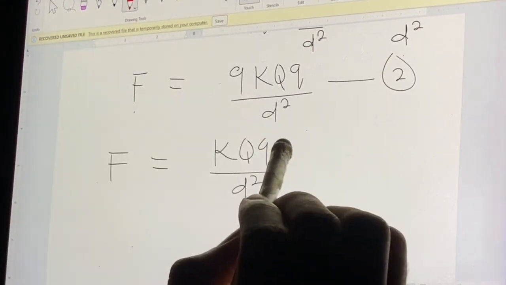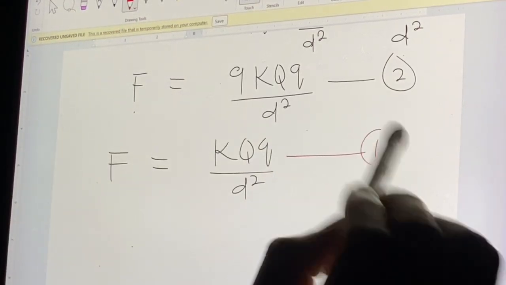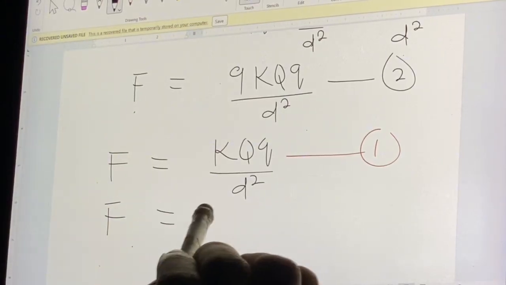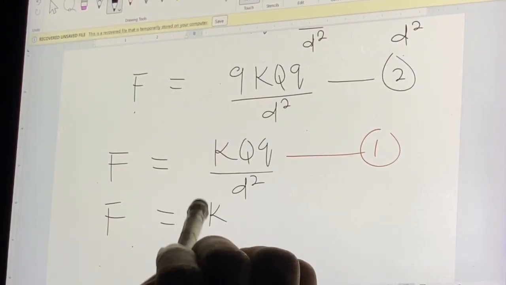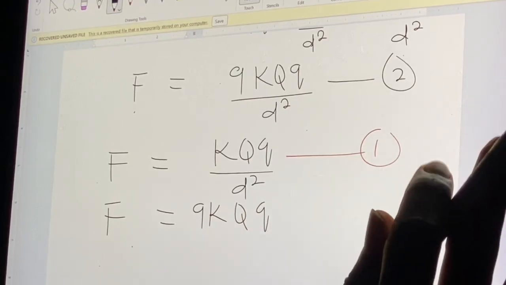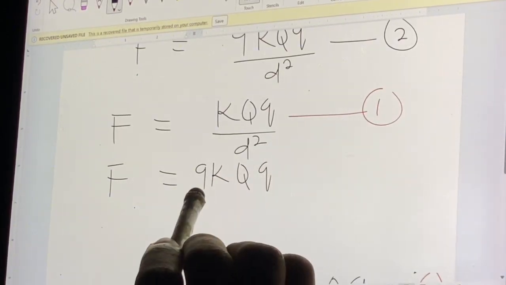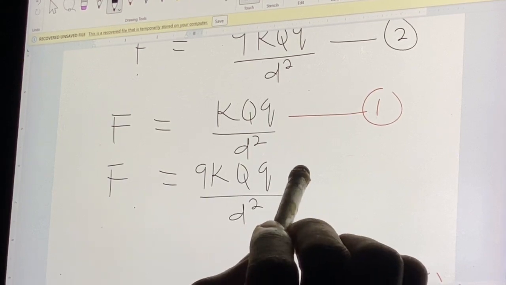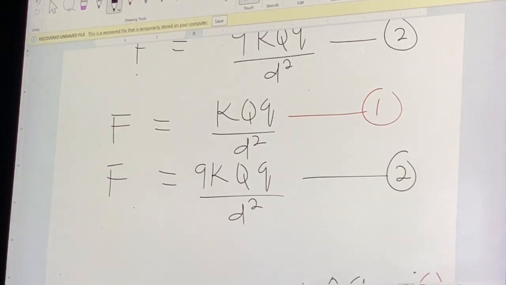This is our equation 1. Now the next one, F is equal to 9K capital Q small letter q over d square. This is our second equation.